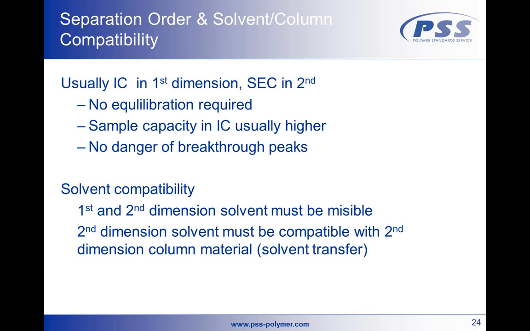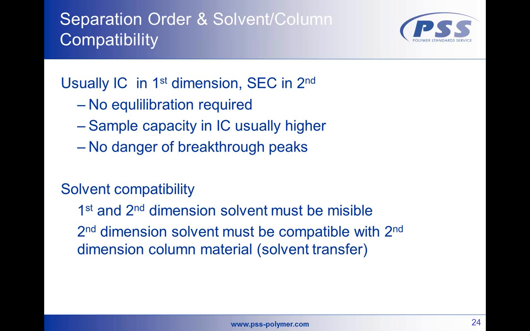If you have therefore the gradient in the first dimension and an isocratic separation method in the second, you don't need to equilibrate in the second dimension. That means you can speed up your second dimension analysis, which was, as explained before, a requirement for comprehensive two-dimensional chromatography.